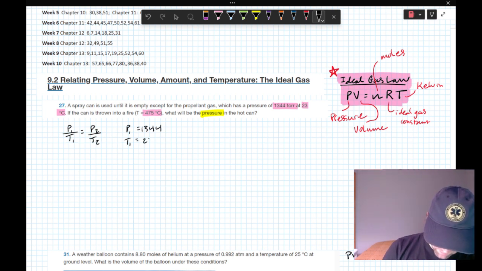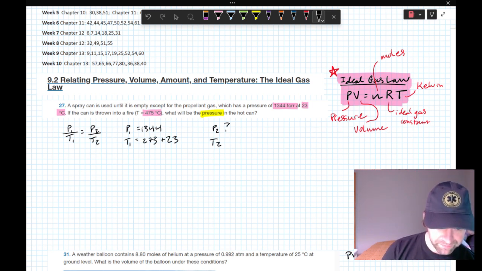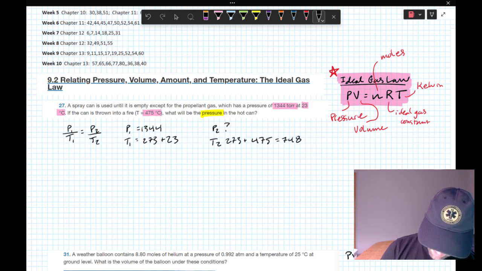T1 is 273 Kelvin plus 23 degrees Celsius. P2 is what we're solving for. And T2 is 273 plus 475, which gives us 748 Kelvin.